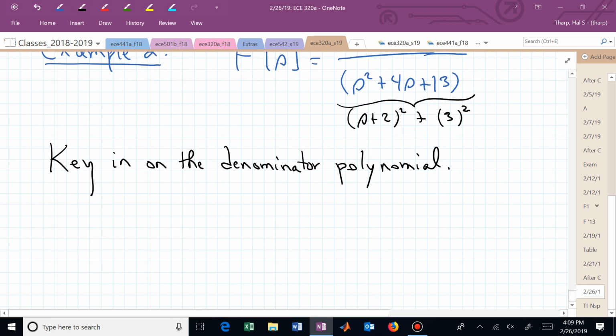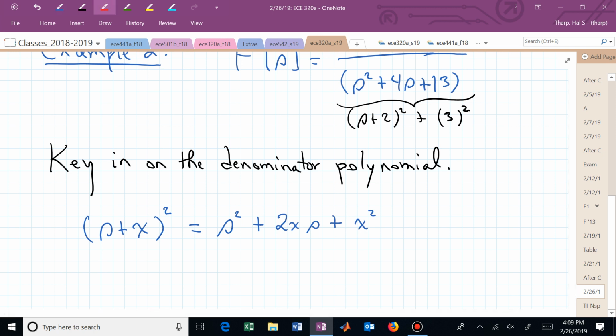If I gave you s plus x and I said square it, you could do that. This is now s squared plus 2xs plus x squared.